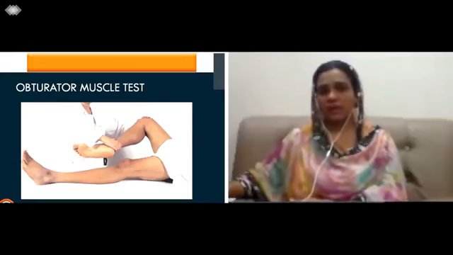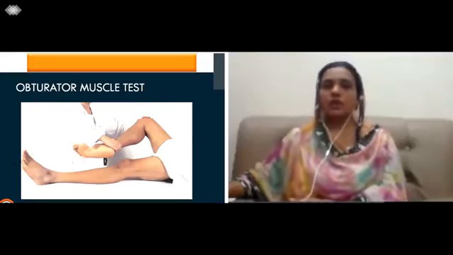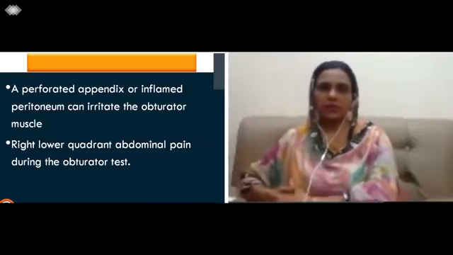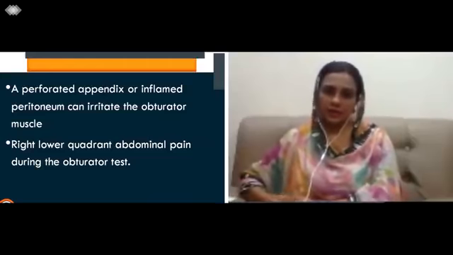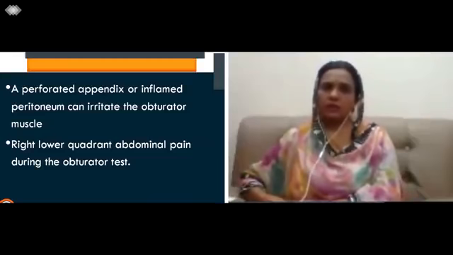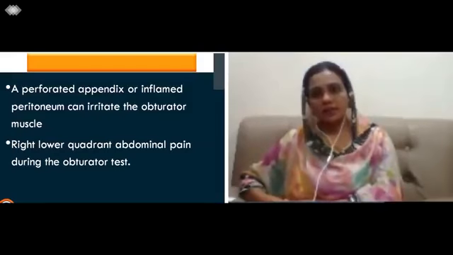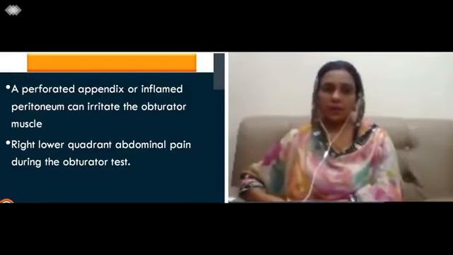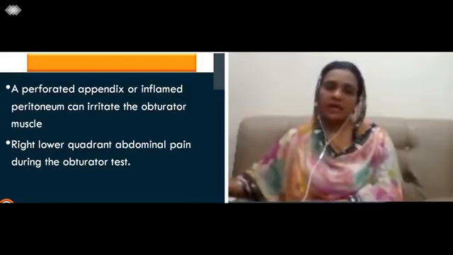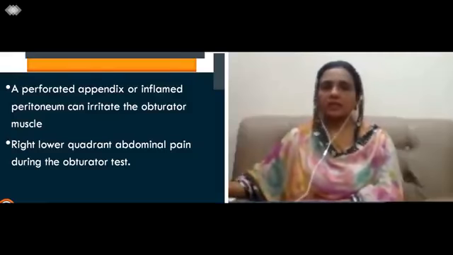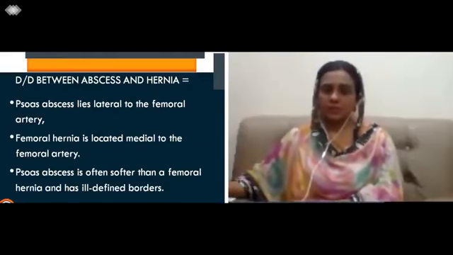Once again, if the region of pain is the right lower quadrant, it means the obturator test is positive. When the obturator muscle is involved, if the appendix is perforated, or there is peritonitis or inflamed peritoneum that irritates the obturator muscle, then this test will be positive.